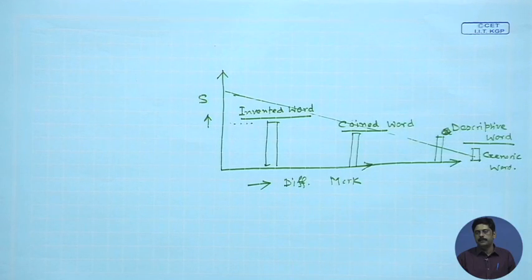So, initially you may not get good market segment or market penetration, because people will think about the descriptive attributes of that mark, the attributes associated with the goods. To select a good trademark, it should be easy to speak, easy to spell, easy to remember.